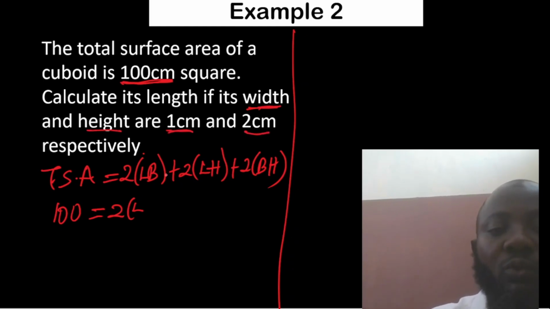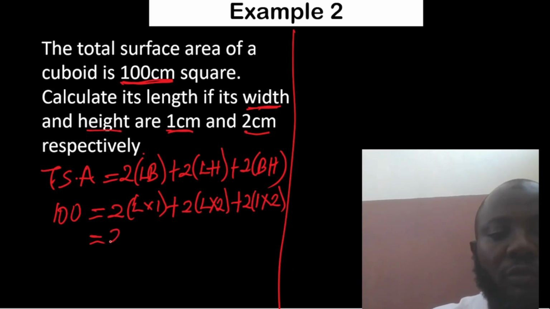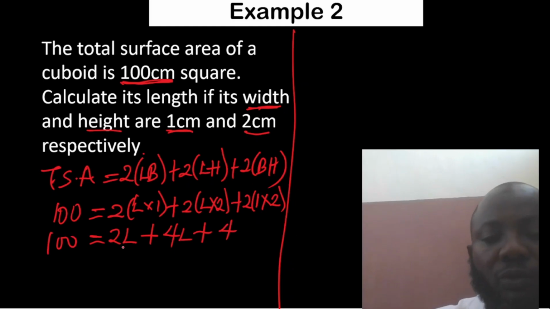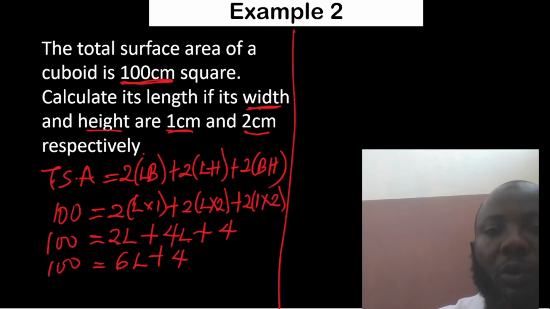So the width, which is breadth, is 1, and the height is 2. So 2 into L times 1, plus 2 into length times height 2, plus 2 into width 1 times height 2. This gives us 2L plus 4L plus 4, which is 100. So 2L plus 4L gives 6L, plus 4 equals 100. So 100 minus 4 equals 6L.